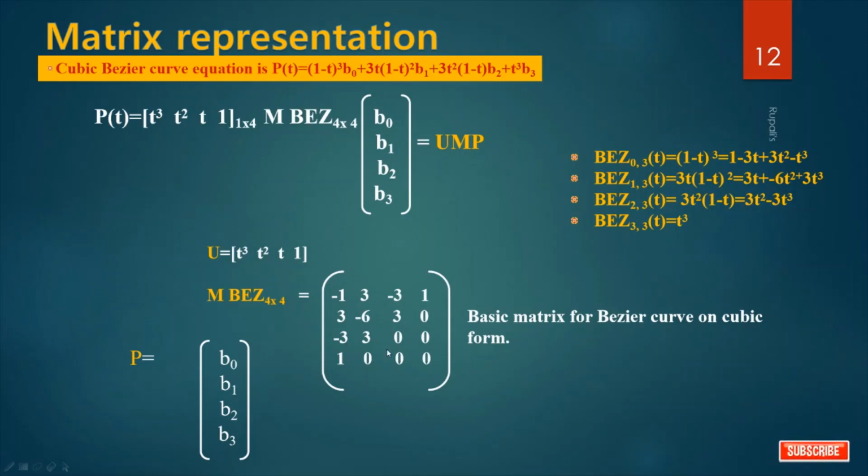And the last row is 1, 0, 0, 0. In this way, first write the coefficient of t cube, then t square, then t, then the constant. This is how you write the basic Bezier matrix. And these are the control point matrix, and these are t cube, t square, t, 1. So we can represent it by UMP.